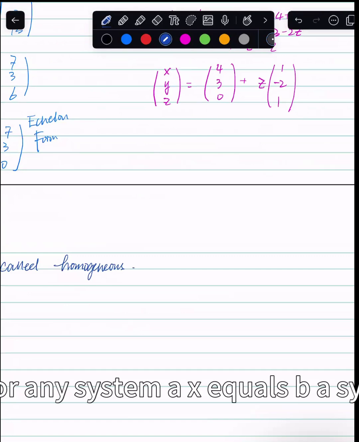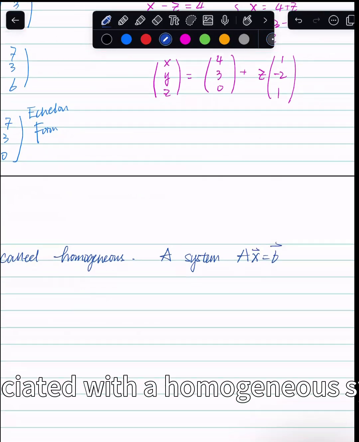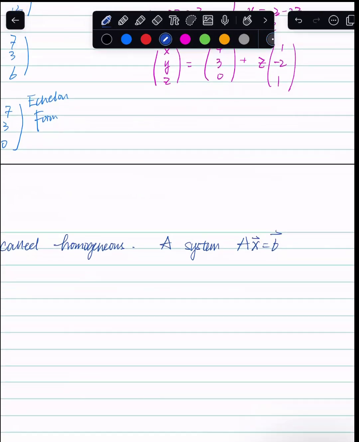And for any system Ax equals b, a system is associated with a homogeneous system.